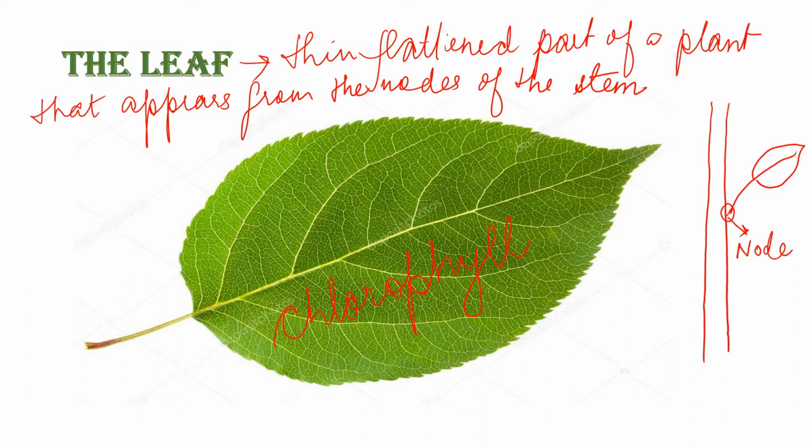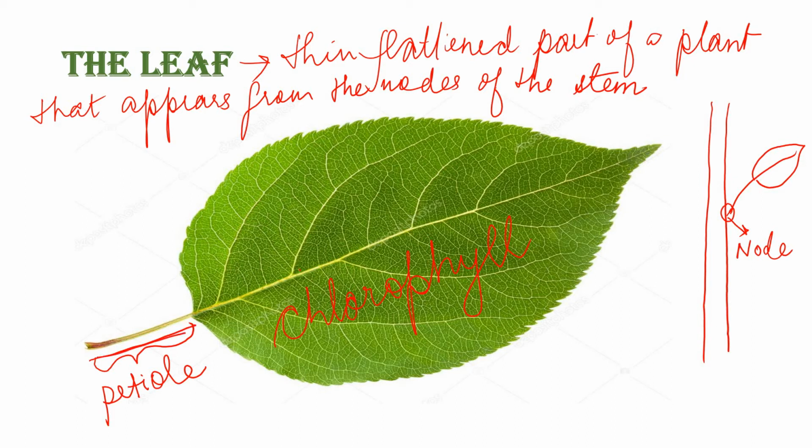Next, this is one portion called the petiole, P-E-T-I-O-L-E. The petiole is the stalk with which the leaf is attached to the stem or branch.